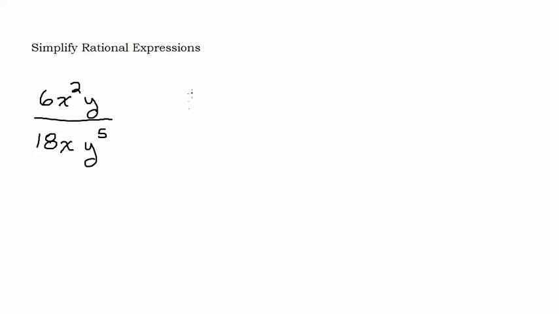So we could think of the numerator as 6 times x times x times y. And I'll just leave the 18, even though I'm going to think of that as 6 times 3, x, and then y to the fifth.